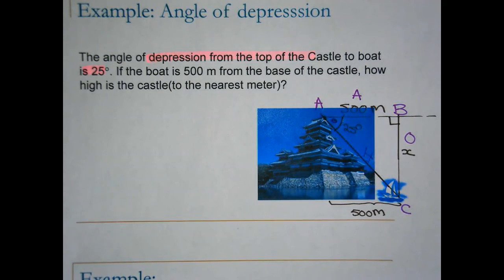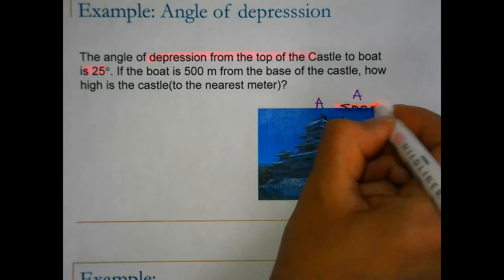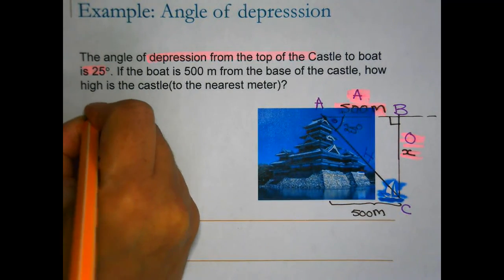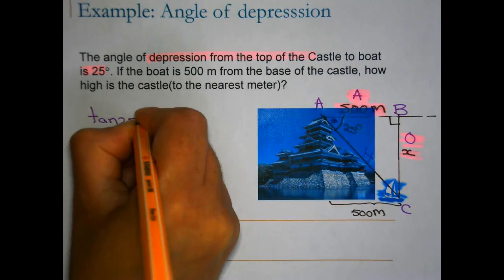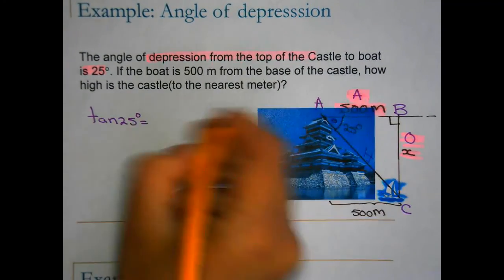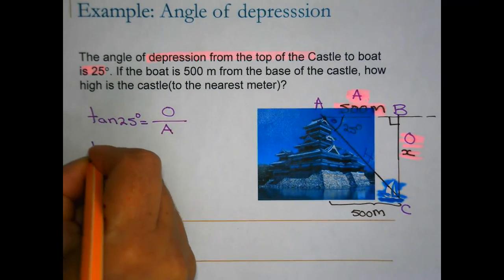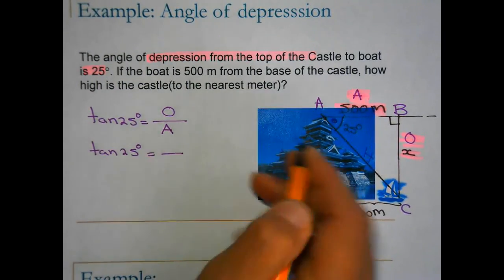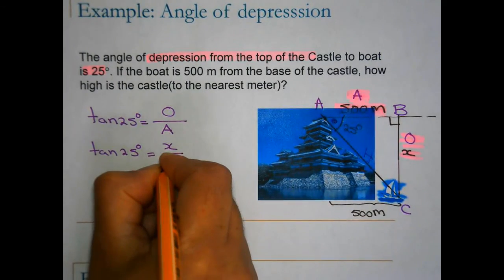Again, we want to find the opposite, and we have the adjacent. So again, it's going to be TOA, tangent. So tan 25 degrees equals opposite over adjacent. Tan 25 degrees equals x over 500.